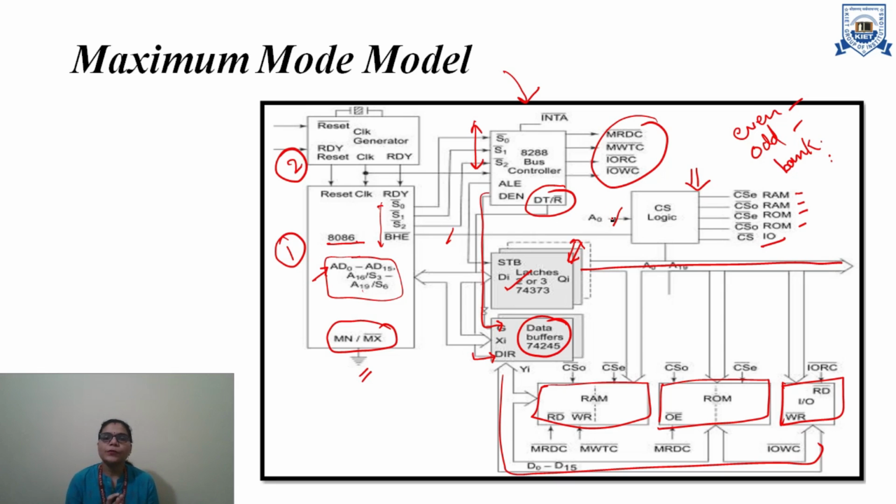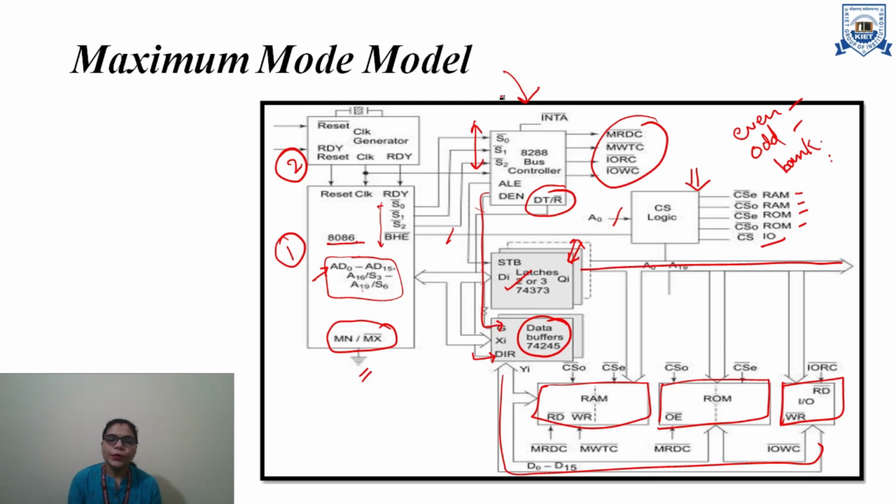In the maximum mode model, the extra component, the bus controller, is added to generate control signals externally, those signals which cannot be provided by the 8086 microprocessor. So in maximum mode model, whenever a coprocessor environment exists, the bus controller component is added, which takes some signals from the 8086 microprocessor and produces some control signals for the multi microprocessor environment.